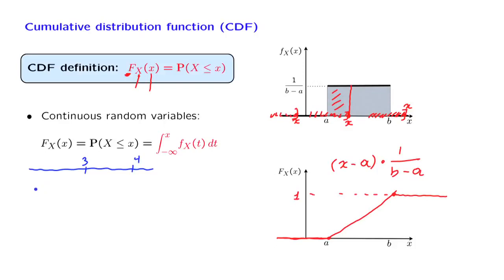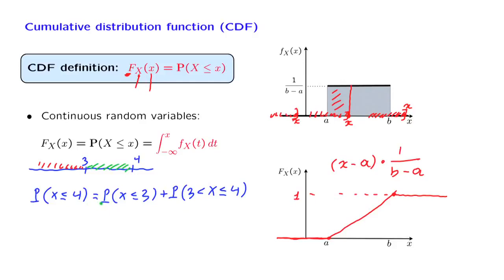If we want to calculate the probability that x is less than or equal to 4, we can break it down as the probability that x is less than or equal to 3, this is one term, plus the probability that x falls between 3 and 4, which would be this event here.